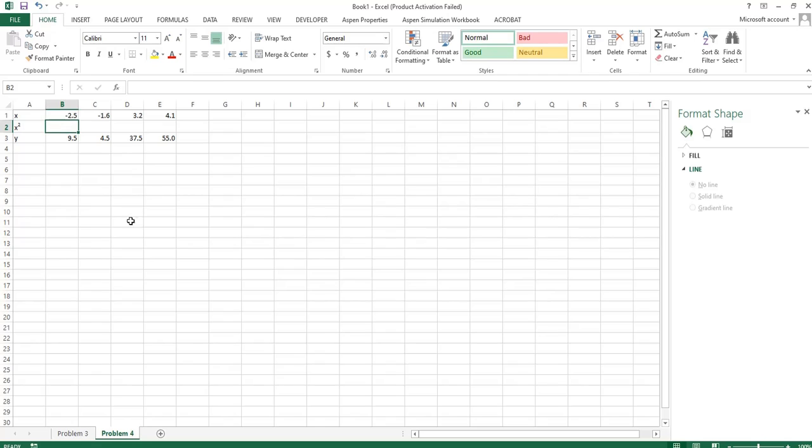Now this will be equal to b1 raised to power 2.